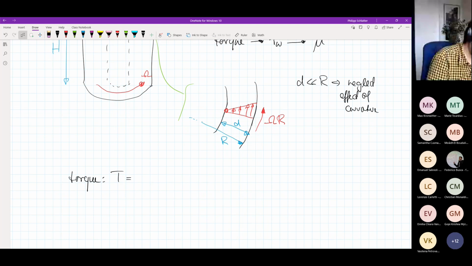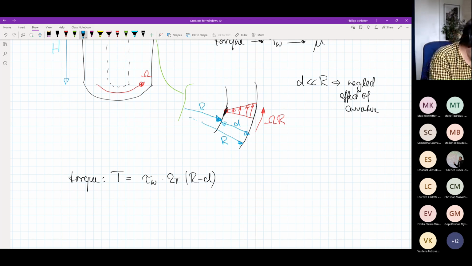So if we translate all these well-known expressions from mechanics into fluid mechanics, the stress would be tau W, which would be acting on this inner wall. This needs to act on an area, so 2 pi times R minus d. That's the radius of the inner cylinder.